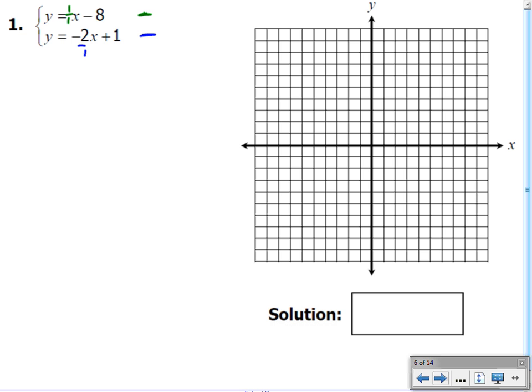So let's do the top one, and I'm going to do this in green here. We have a y-intercept down at negative 8 and a slope of 1. So we're going to go up 1, right 1, up 1, right 1, and so on. And we want to get as many points as we can. We want it to stretch all the way across our coordinate plane here to make it really easy to find the intersection point. Okay, and then I'm going to backtrack as well and then connect.